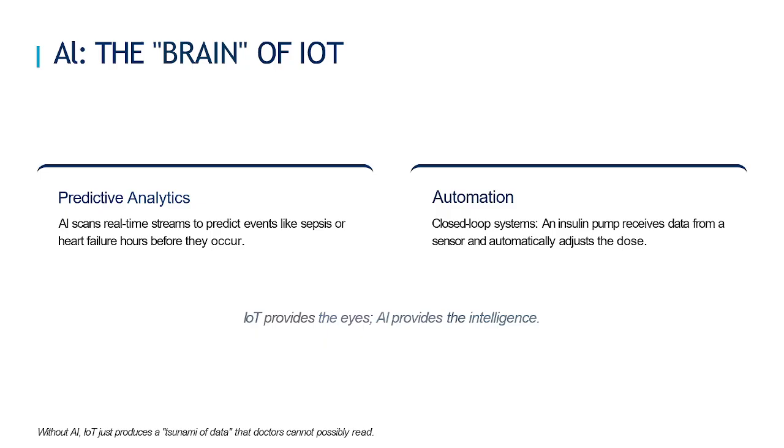The brain of the Internet of Things. Artificial intelligence acts as the intelligence layer of the IoT, that is, the Internet of Things healthcare system.